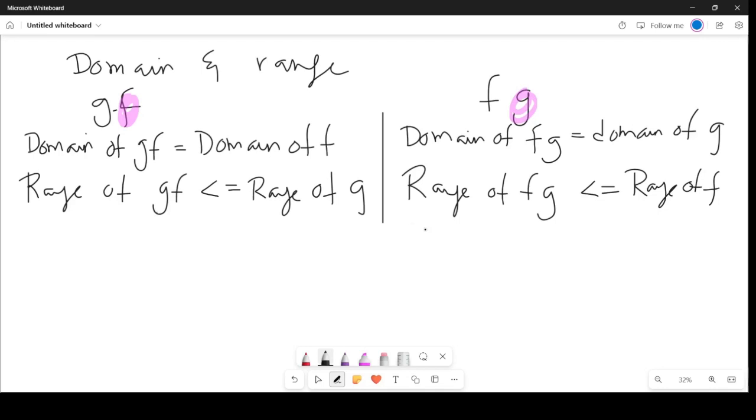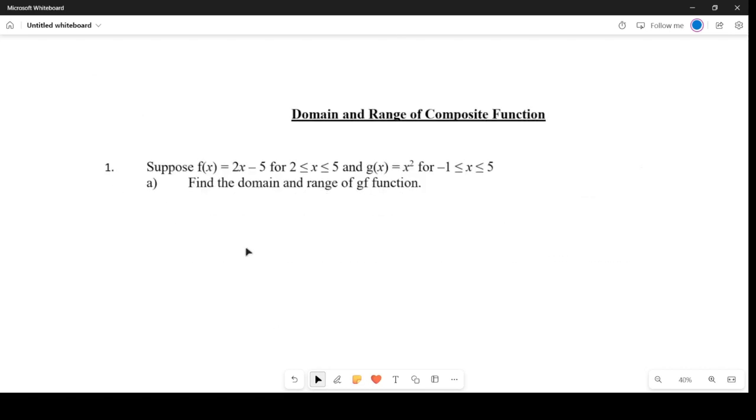Now let's take a look at the example question, and that will give more clarity to the statements we've just written. Okay.